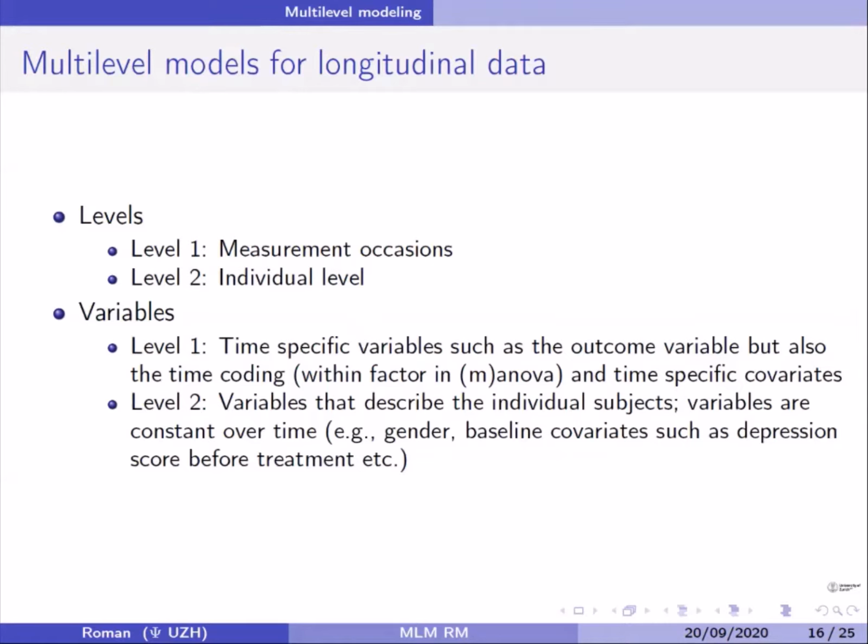They are constant over time. They do not change. These would be stable traits. So again, we can have time-specific covariates on level 1 or time-invariant covariates on level 2. And it's worth noting, our outcome and time coding variables will always be at level 1.